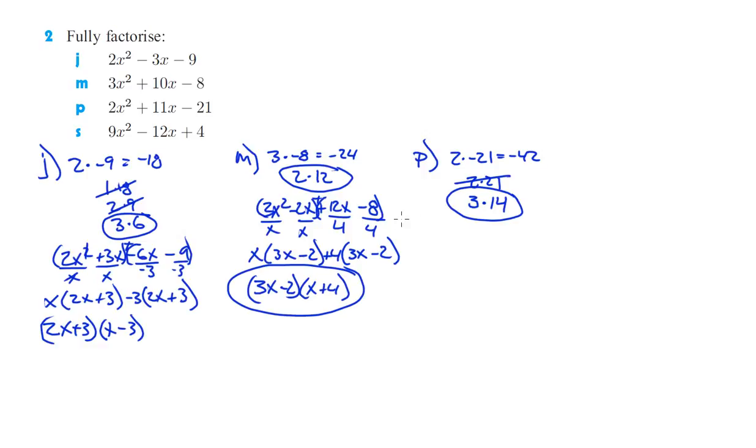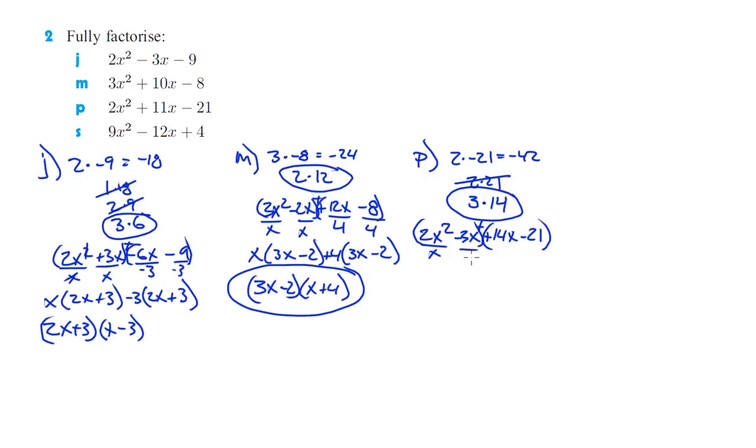So we start with 2x squared, and we have the negative 21 at the end. And then these have to add up to positive 11, so it's going to be negative 3x and plus 14x. Okay, group these up.